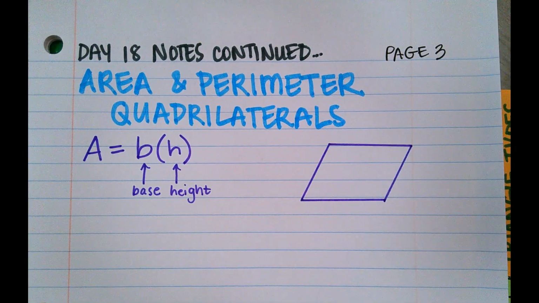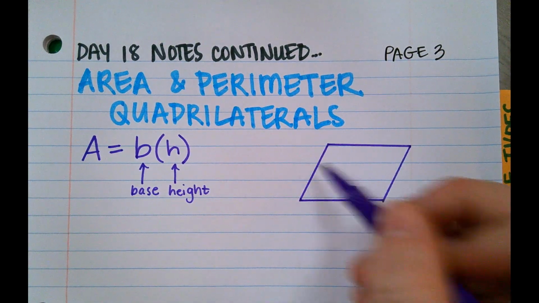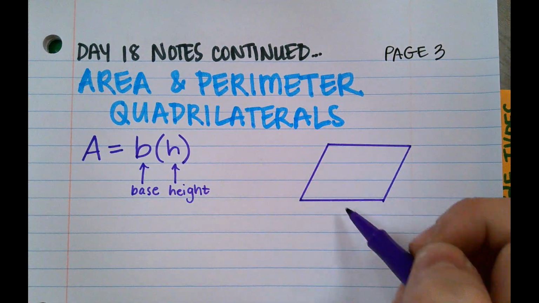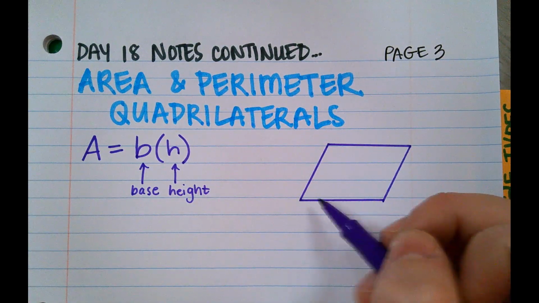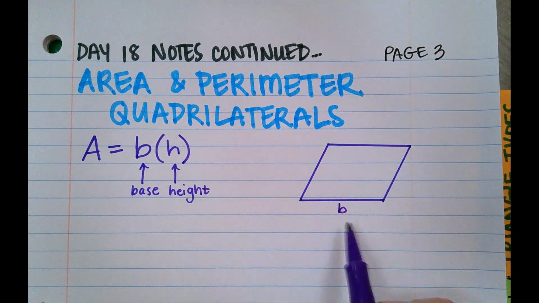This is a parallelogram. And on a parallelogram, opposite sides are equal. The base is on the bottom, so I'm going to put a B here on the bottom.